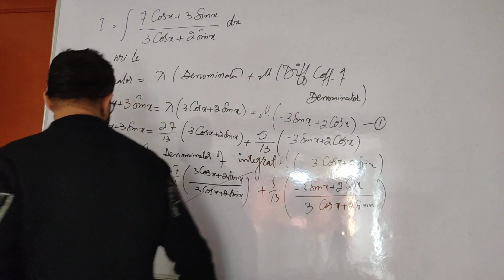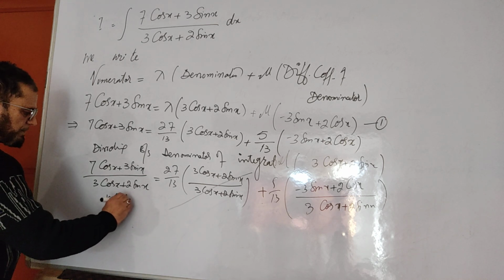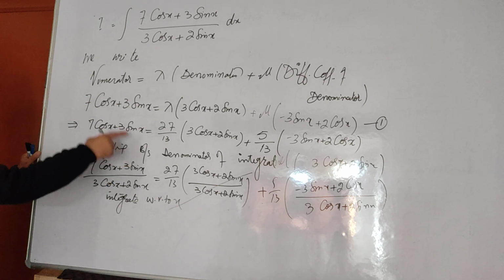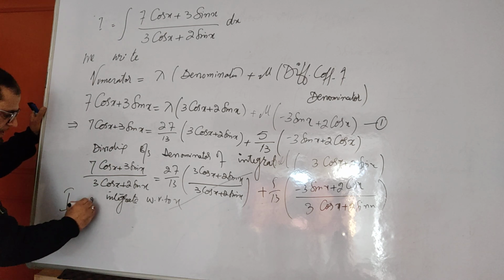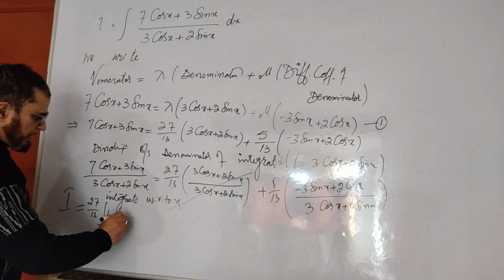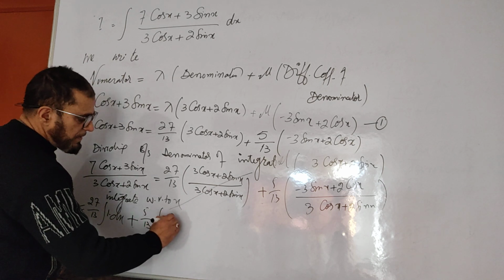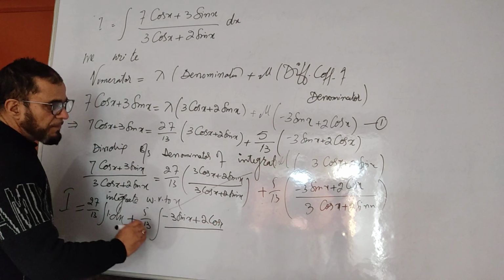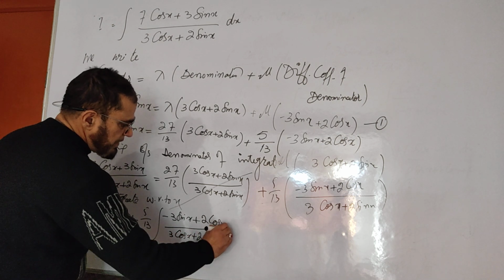Now integrate both sides with respect to x. This is your given integral, this is I. This is 27 by 13 integral of 1 dx, because this is now 1, plus 5 by 13 integral of minus 3 sin x plus 2 cos x upon 3 cos x plus 2 sin x dx.